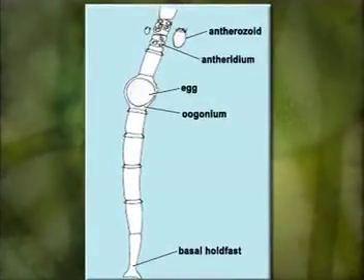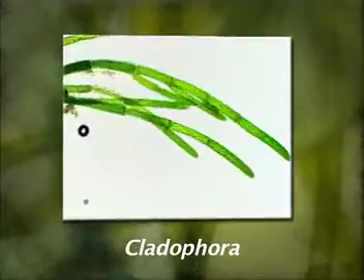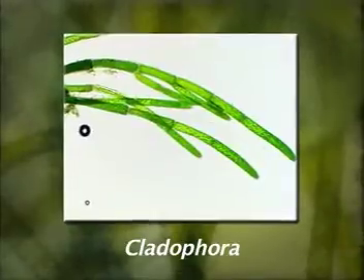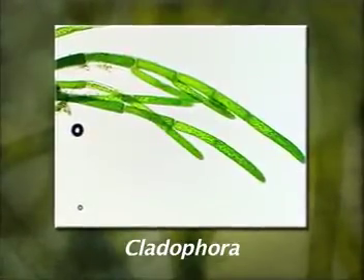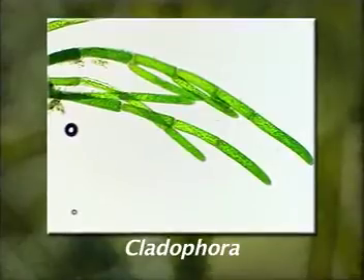Now, branched filament. If some cells in a filament divide in a second plane, that is longitudinally, a branched filament results. The branches arise from the main axis as lateral outgrowths. Best example is furnished by Cladophora. It shows bush-like thallus and is attached to rocks.